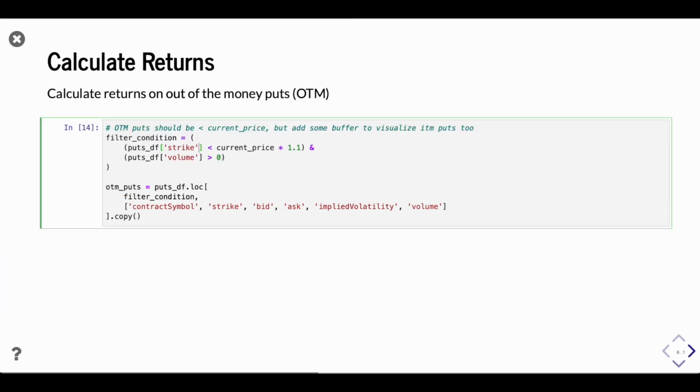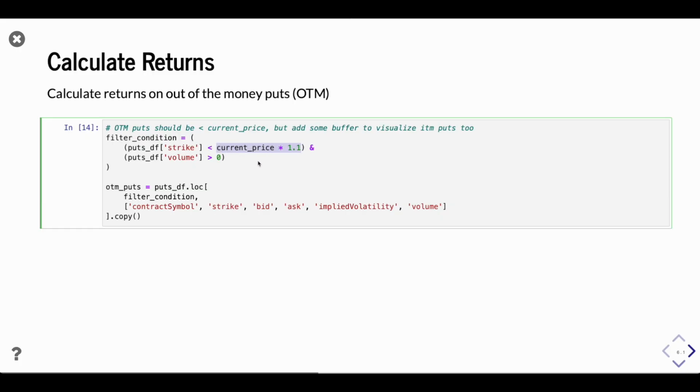Alright, so now let's actually calculate the returns on out-of-the-money put options. So you can see here, I'm applying a filter condition to the puts data frame to retrieve the out-of-the-money puts. And for my filter condition, I'm specifying all options with a volume greater than 0 and also a strike price less than the current price times 1.1.